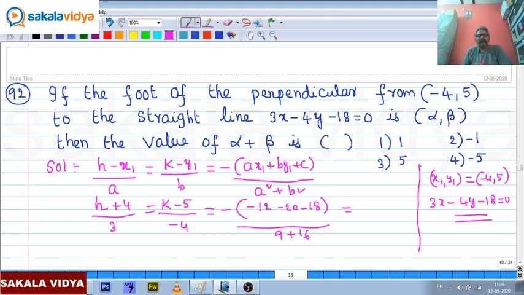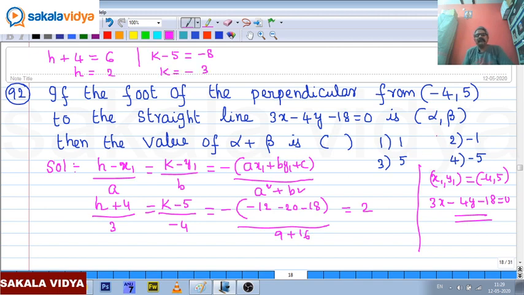So this will be how much? 18 plus 12 is 30, correct? 30 plus 20 is 50, 50 by 25 is 2. That means h plus 4 equals 6. k minus 5 is equal to minus 8. Carefully check it, k will be minus 3.